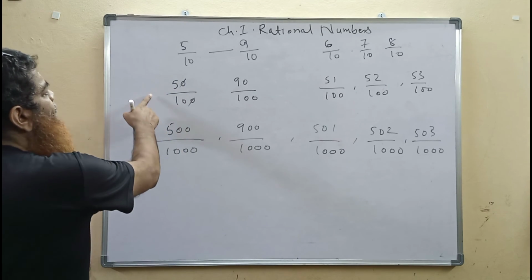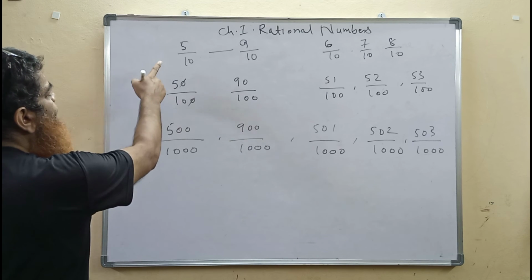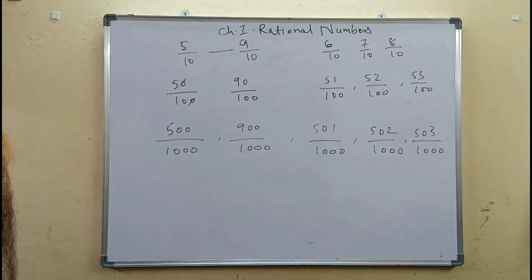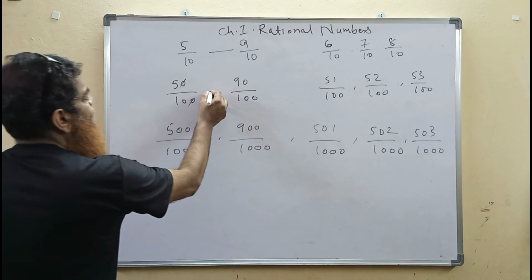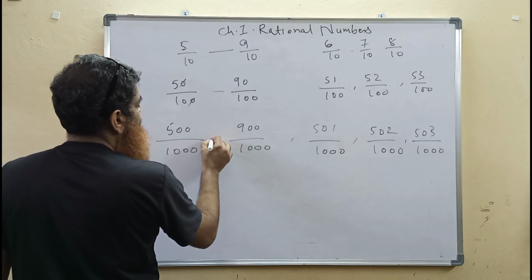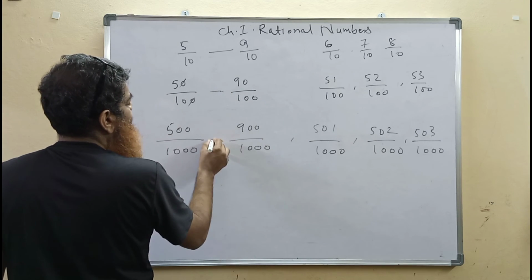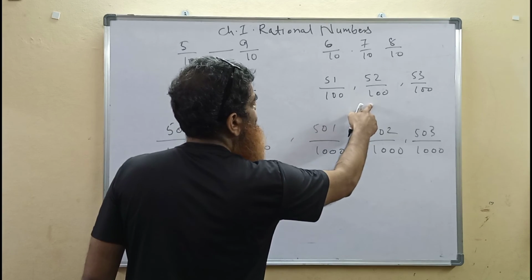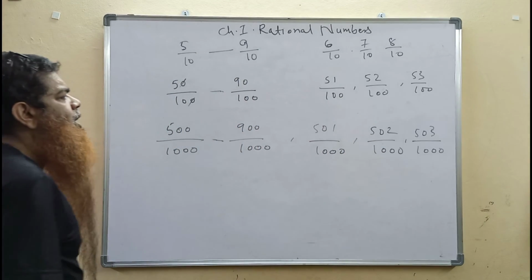Then we know that we can write 5 by 10 as 50 by 100, and we have 90 by 100. In between them, we can write many more rational numbers like 51 by 100, 52 by 100, and 53 by 100.